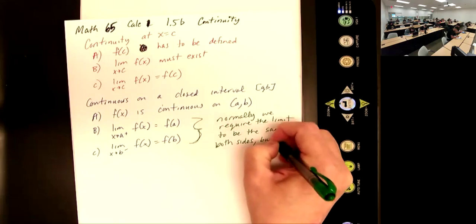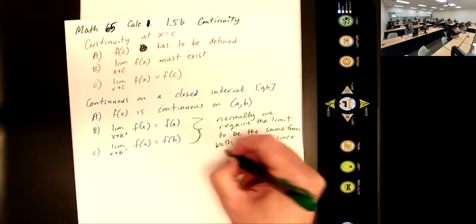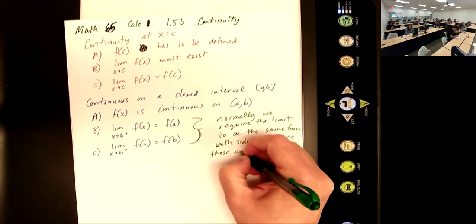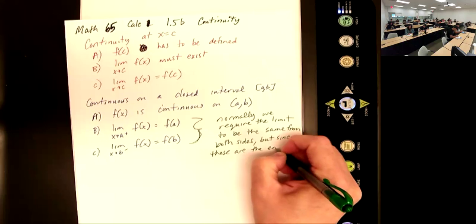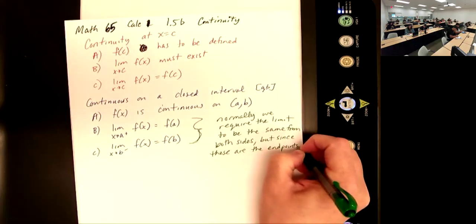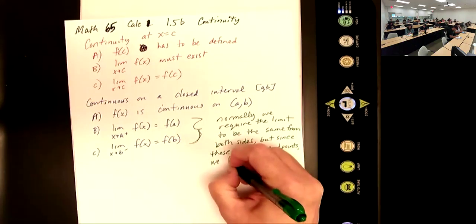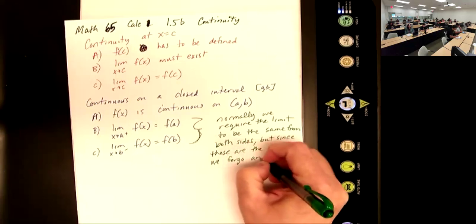But since these are the endpoints, we forego that and use one-sided limits.